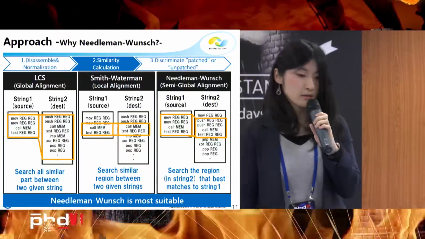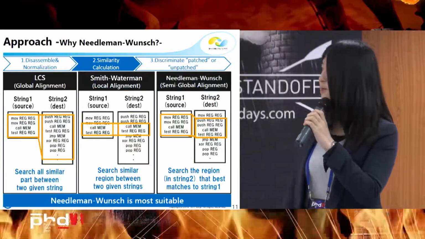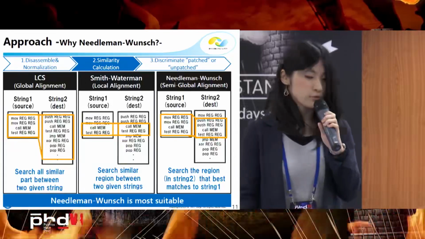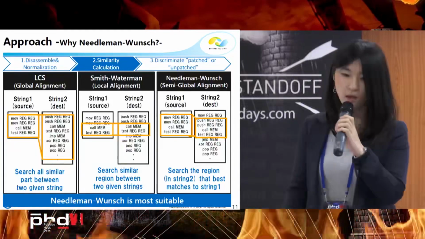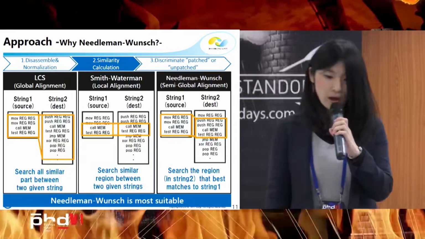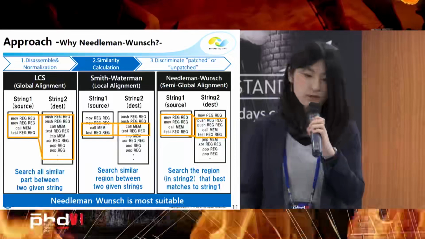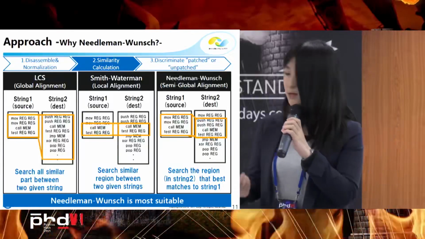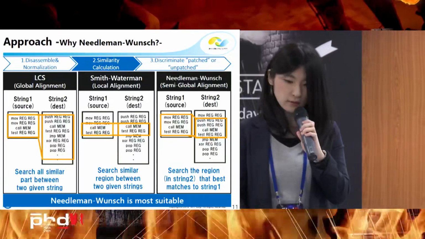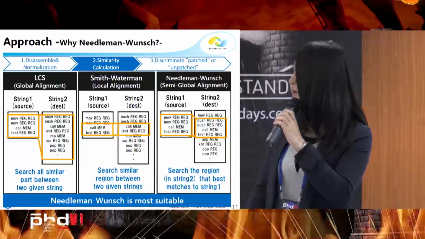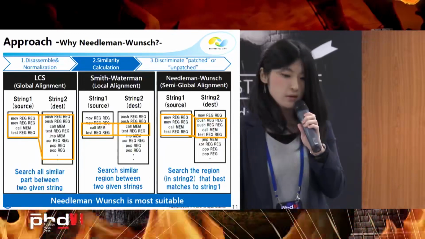Smith-Waterman is called a local alignment algorithm, which can search a similar region between the two given strings. And lastly, Needleman-Wunsch is an algorithm that can search the region in the destination string that best matches the source string. It is also called a semi-global alignment type of algorithm.